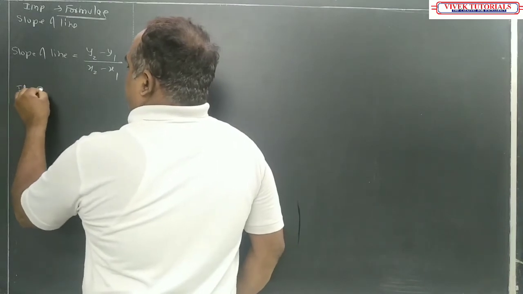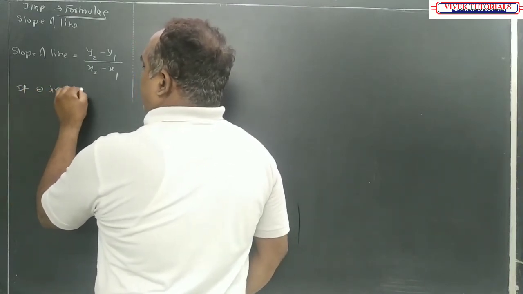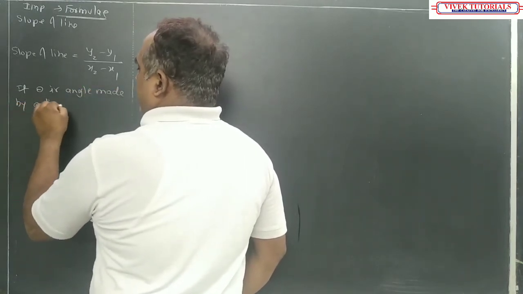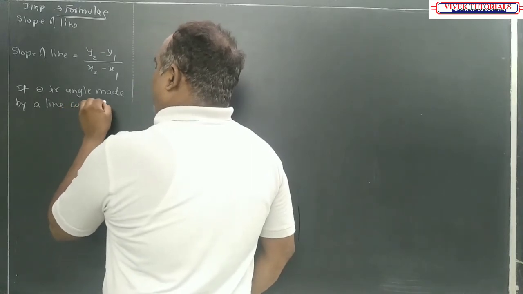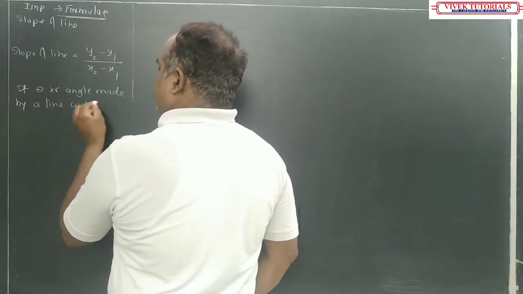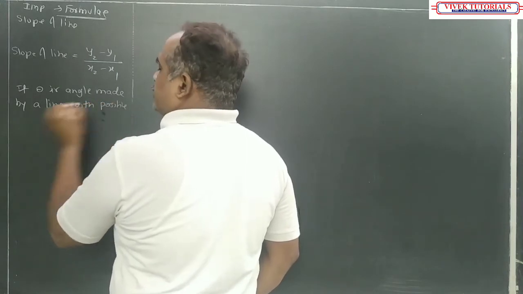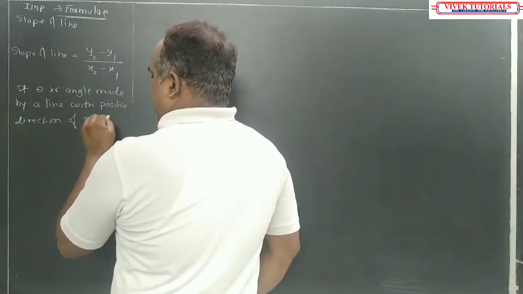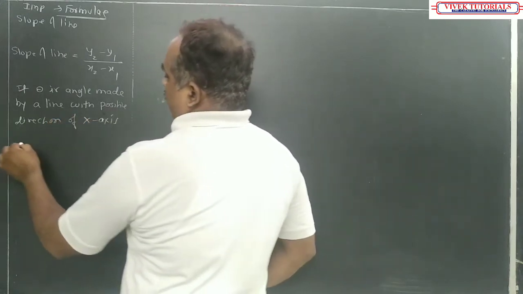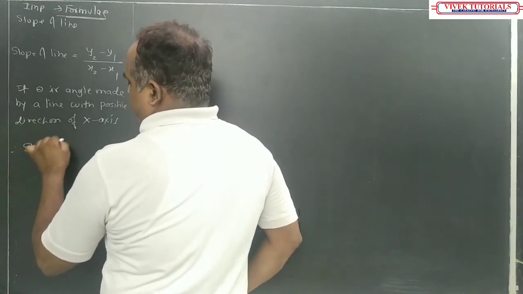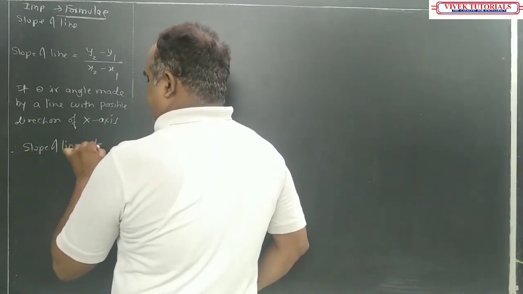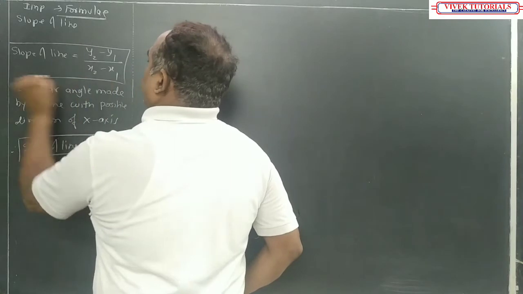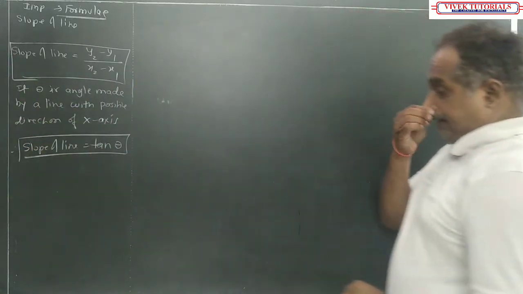If theta is the angle made by a line with the positive direction of x axis, then slope of line is equal to tan theta. Slope of line is equal to tan theta.